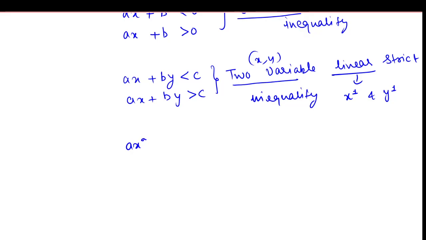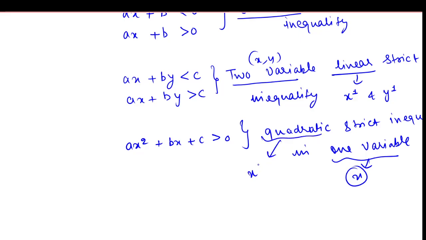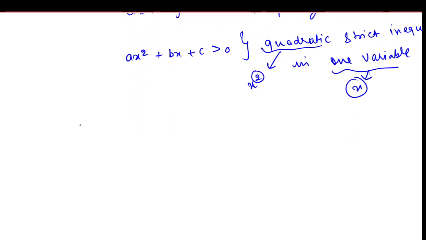Next is ax square plus bx plus c is greater than 0. So this is a quadratic strict inequality in one variable. We have one variable here, x, and it is called quadratic because x has power of 2. So this is a type of strict inequality.